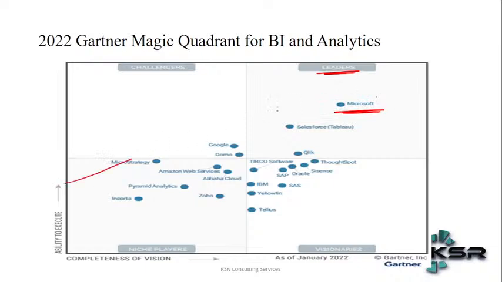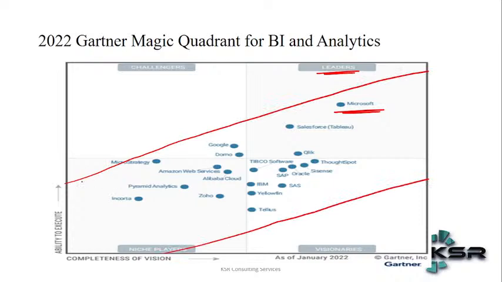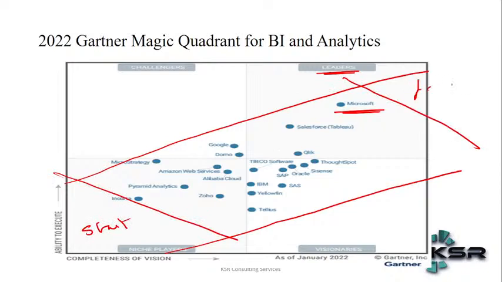Assume this as a race where this is a start position and this is a finish line, and the one which is always on top is Microsoft Power BI. For the last 4 consecutive years, starting from 2018, Power BI is on top.